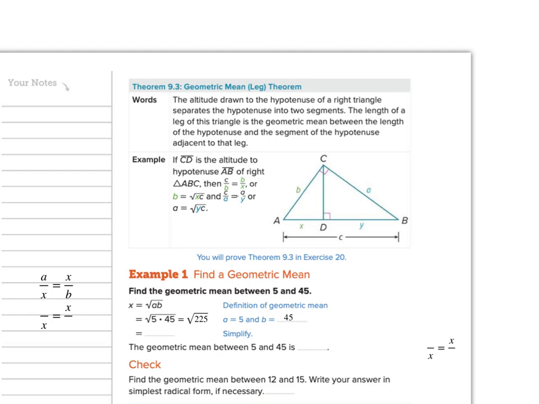So we have the altitude, we have the hypotenuse AB, and I think they're saying, hey, C over B, my hypotenuse over the short leg, is equal to B, the hypotenuse of the little triangle, over the short leg. They're just showing you these two similar triangles, the same thing we just did in the previous one.